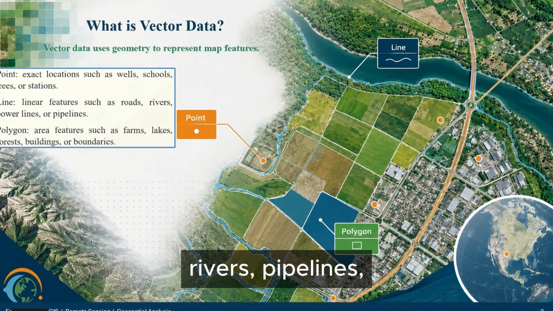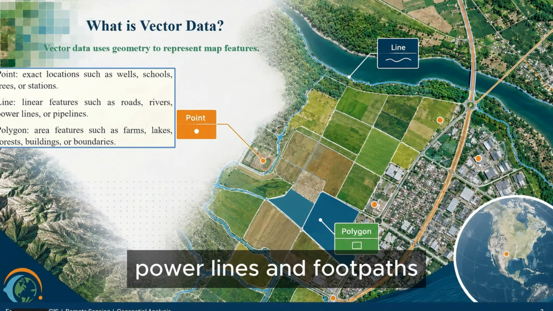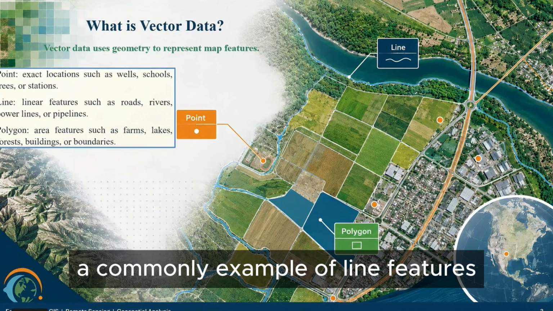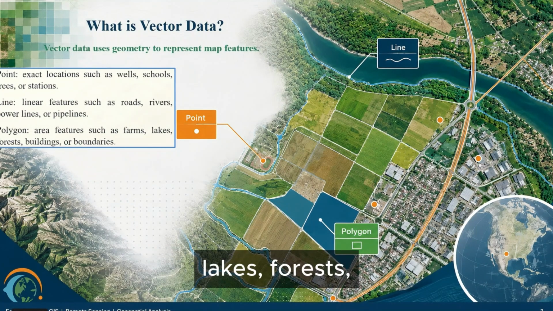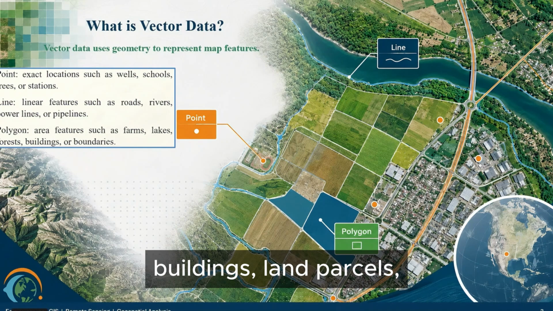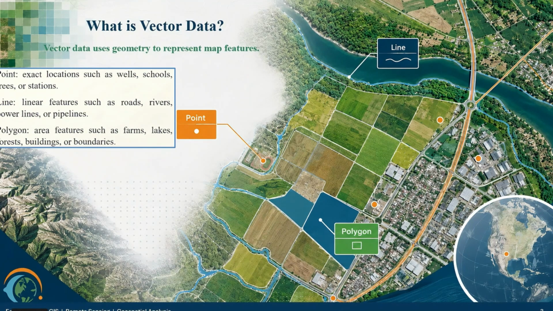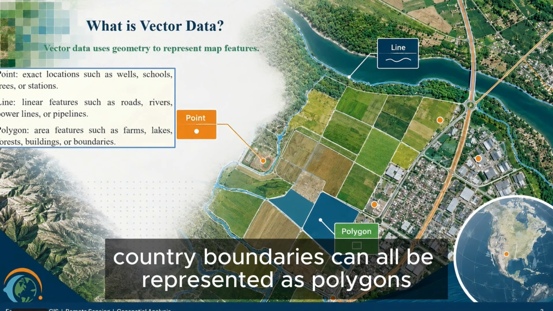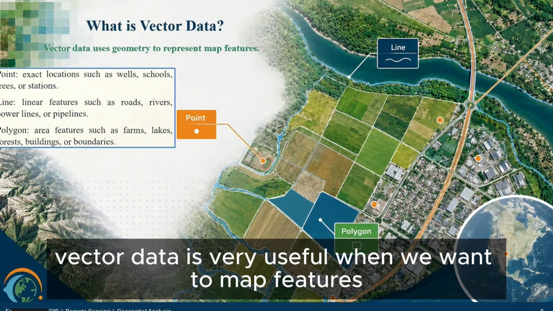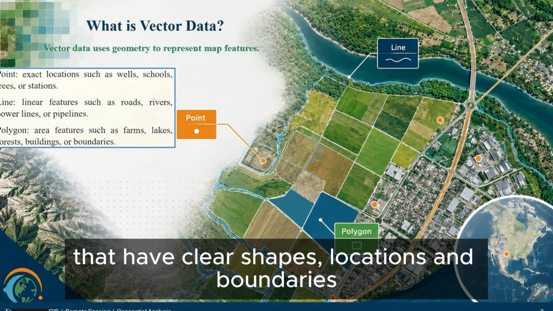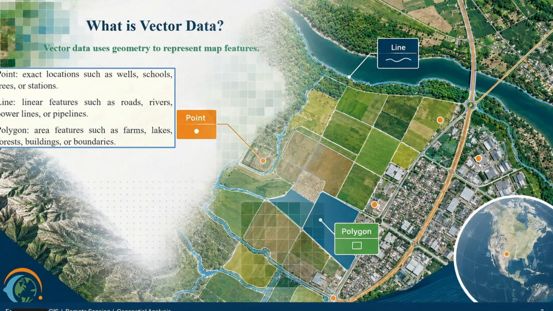Roads, rivers, pipelines, power lines, and footpaths are common examples of line features. A polygon represents an area. Farms, lakes, forests, buildings, land parcels, wards, districts, and country boundaries can all be represented as polygons. Vector data is very useful when we want to map features that have clear shapes, locations, and boundaries.